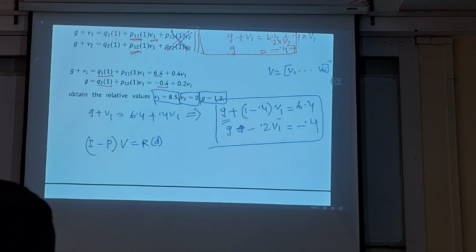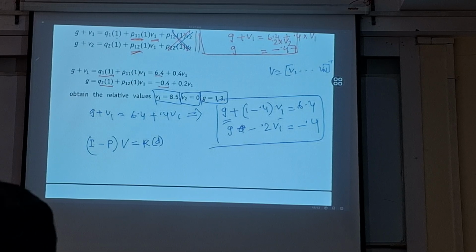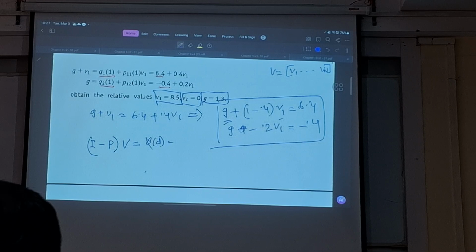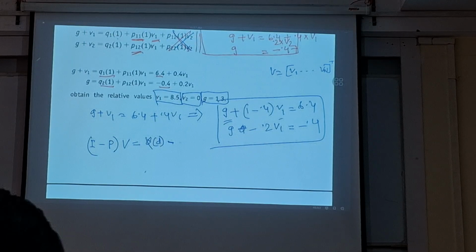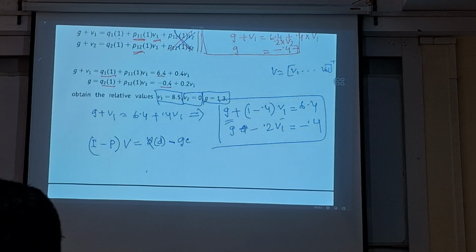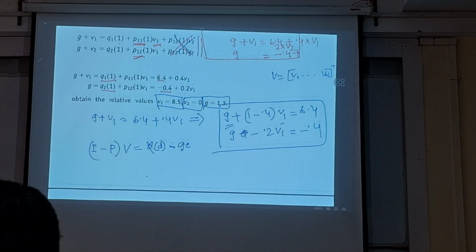RD. No, this is not RD. RD is a matrix. We need to have here minus G multiplied by bar. So if we apply this one here, what will be?